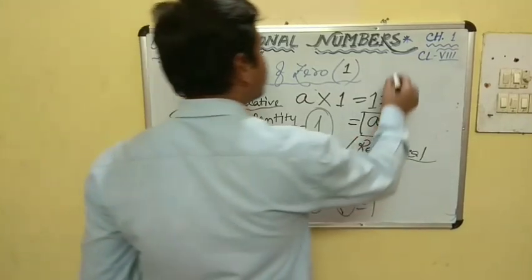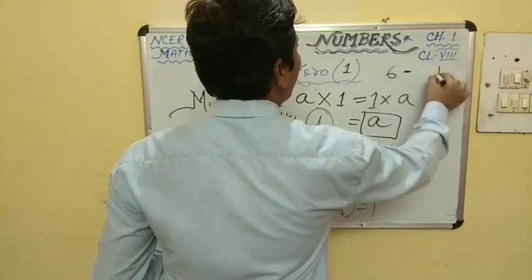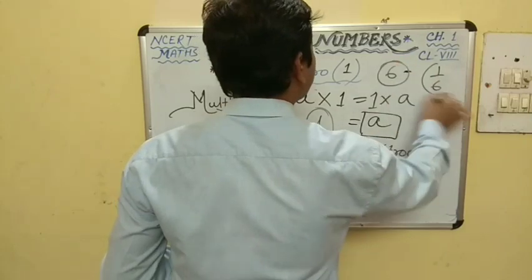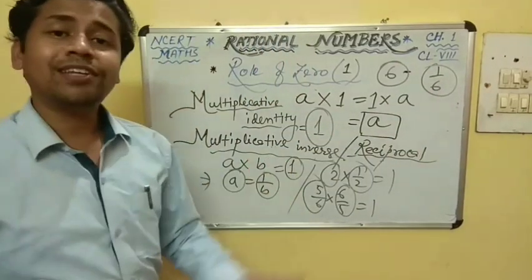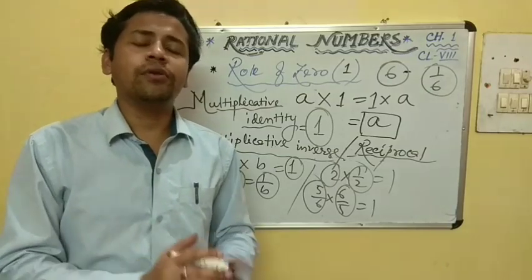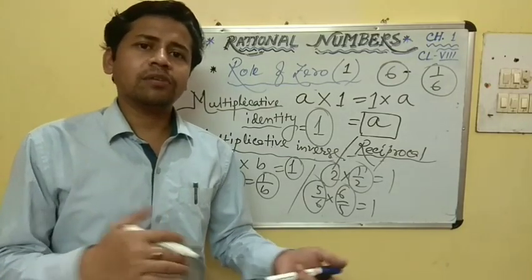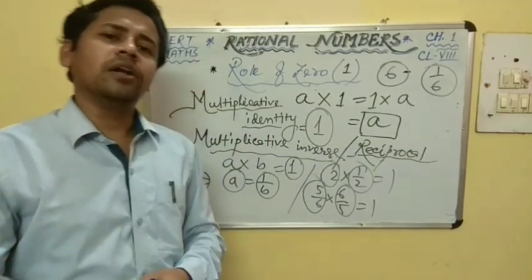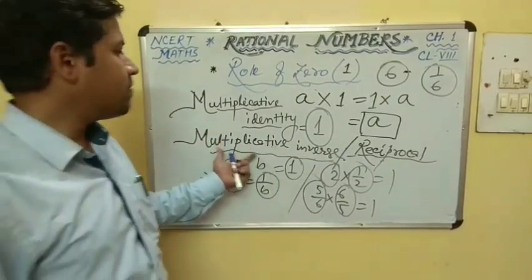What is the reciprocal of 6? The reciprocal of 6 is 1 by 6. What is the reciprocal of 2 by 3? The reciprocal of 2 by 3 is 3 by 2. That means the denominator becomes the numerator and the numerator becomes the denominator in the case of the multiplicative inverse, the reciprocal.